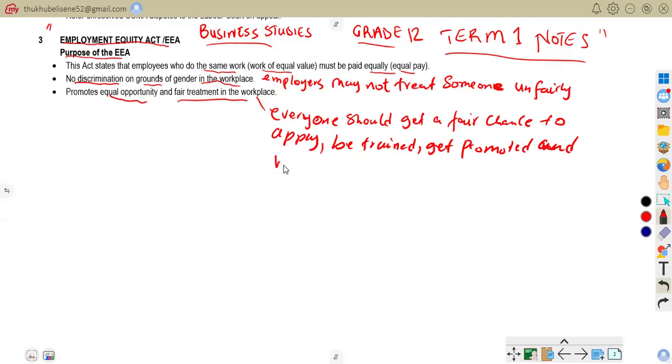For example, all employees get access to the same training opportunities. So that's what it means.